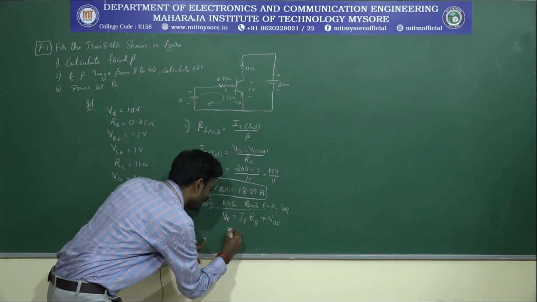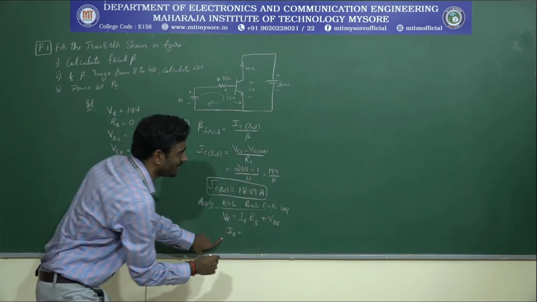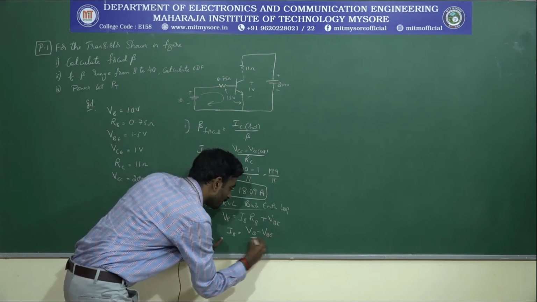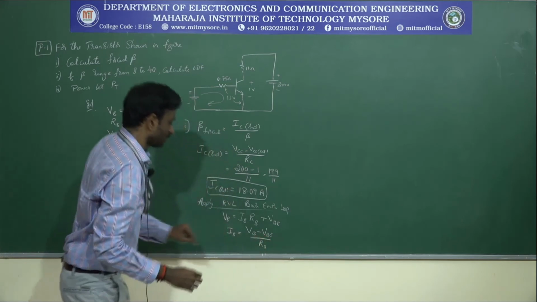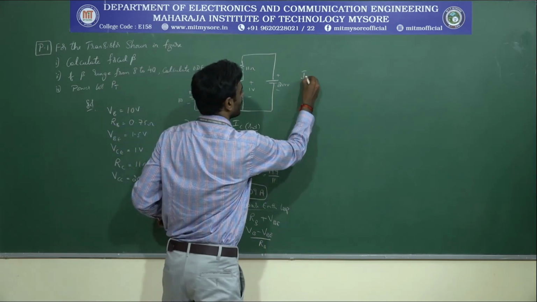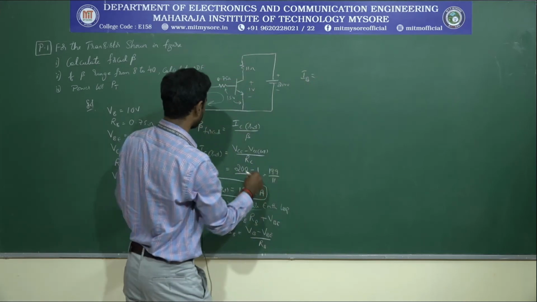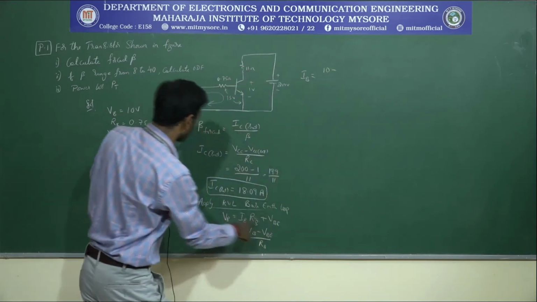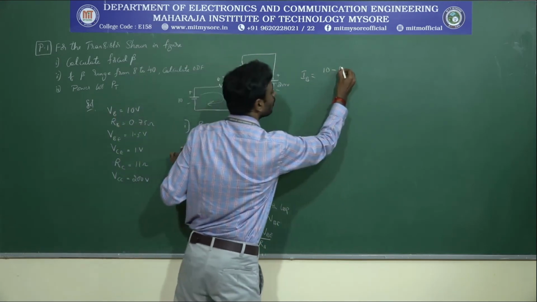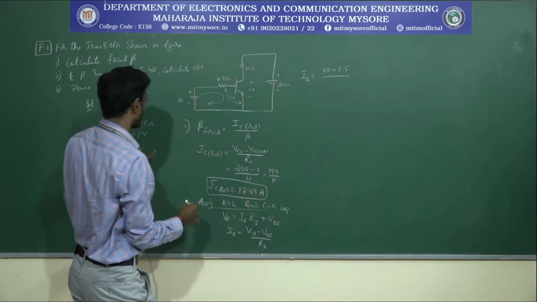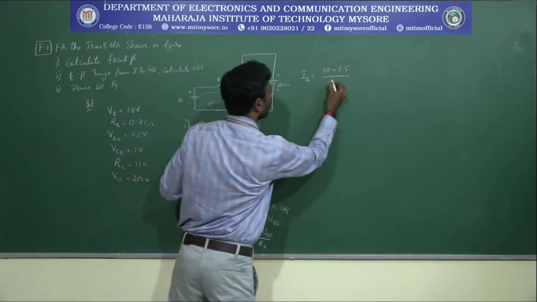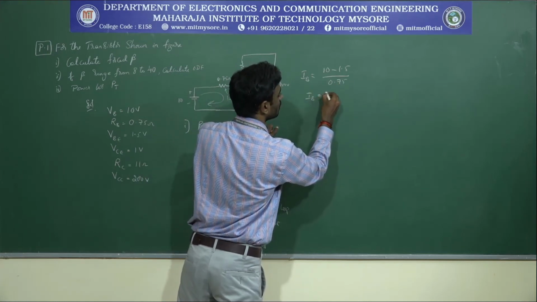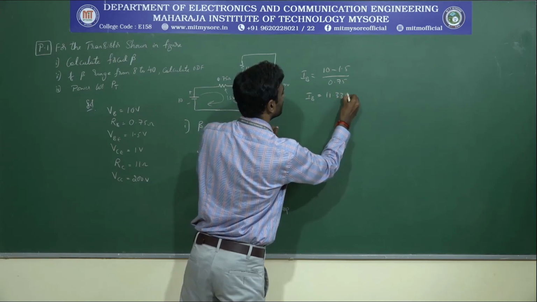So IB will be equal to VB minus VBE divided by RB. Substituting the values, VB is 10 minus VBE, 1.5 volt, divided by RB, which is 0.75. Based on this, IB will be equal to 11.33 ampere.